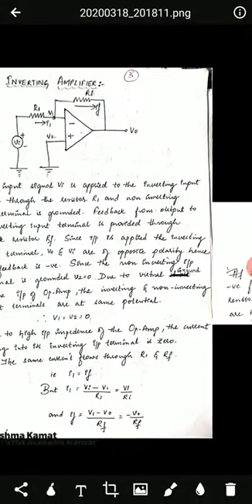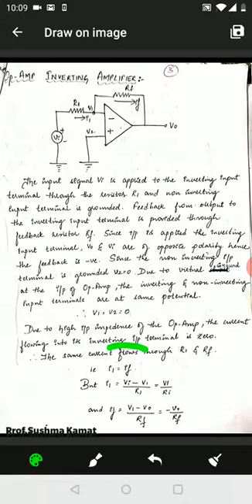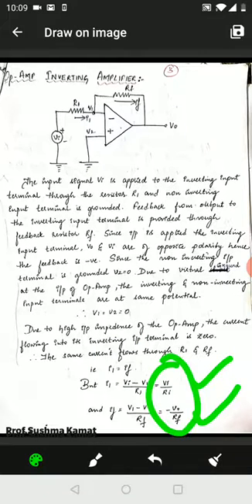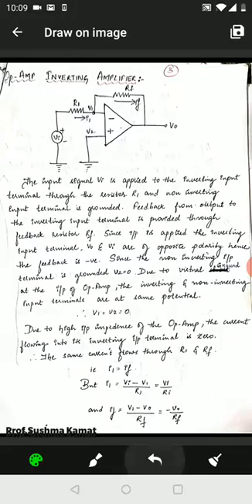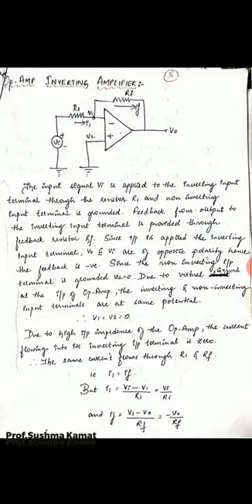However, we already know that I1 is equal to IF. Now that I know the value for I1 and the value for IF, let us equate these two. I'll get Vi upon R1 is equal to minus V0 upon RF.